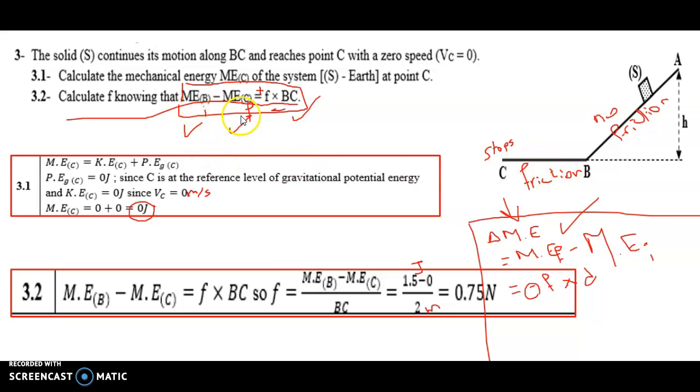Because initial is greater than final, the difference here will be positive, and that's why we write it equal to plus F times BC. So if it's given this way, you have to apply it this way. If it's not given, you have to abide by the rule: final minus initial equals minus F times BC. Doing the substitutions now, 1.5 minus 0 over 2, this is 0.75 newtons.